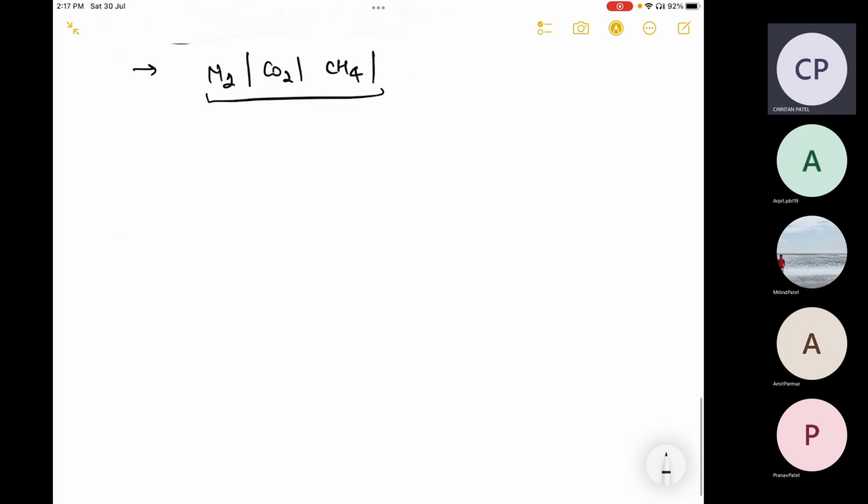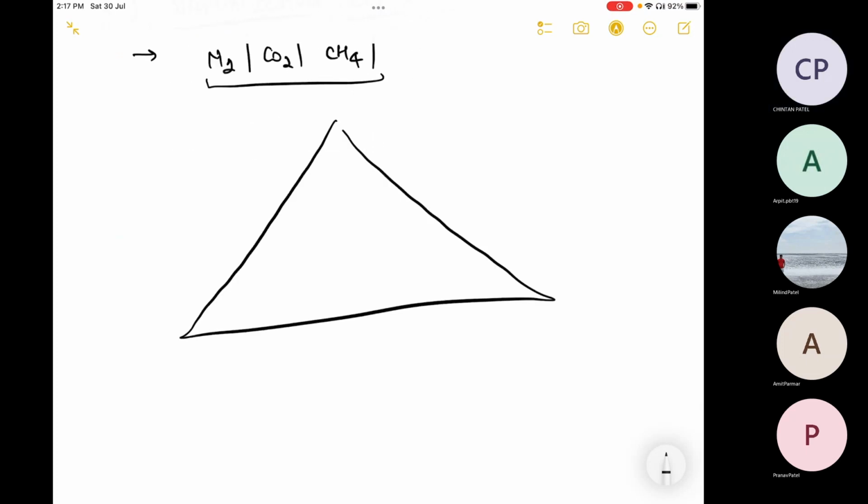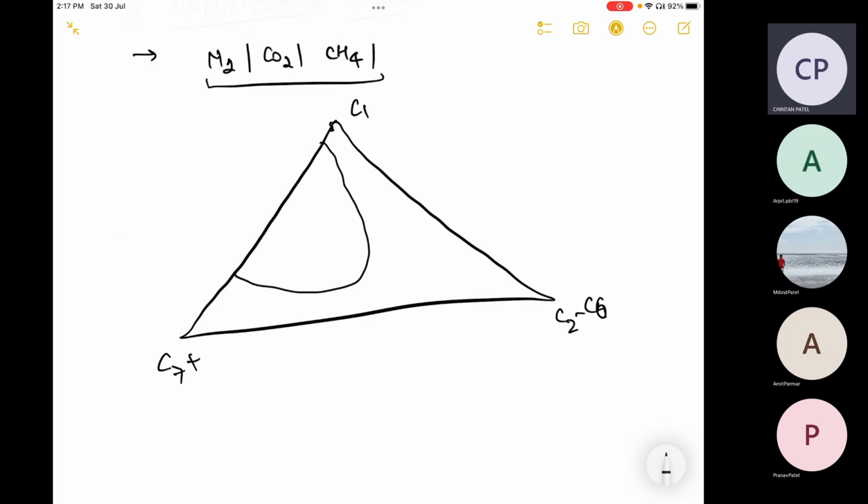Let's say this is my ternary diagram. This is my C1, this is my C2 to C6, and this is my C7 plus. Let's suppose my diagram is something like this, and this is my plate point, and we are injecting pure methane C1, so it lies on this point only.